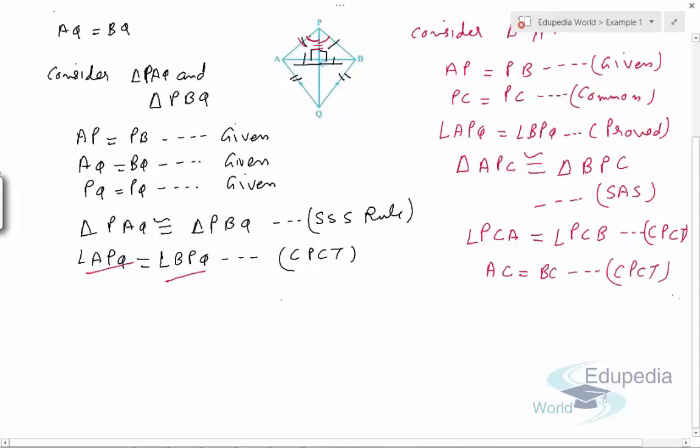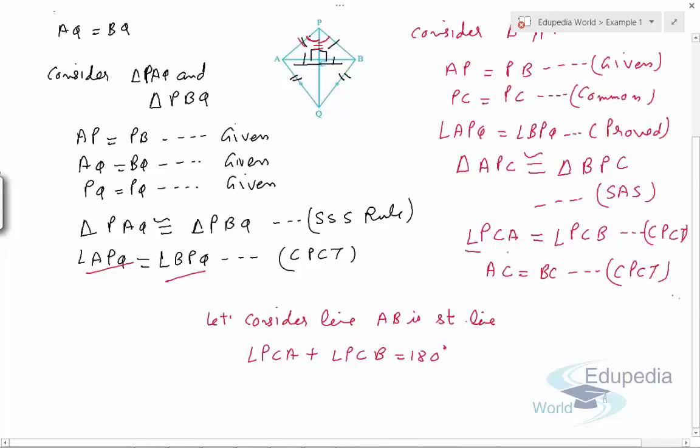Now let's consider line AB. Line AB is a straight line, and we know that angles on a straight line equal 180 degrees. So angle PCA plus angle PCB equals 180 degrees.